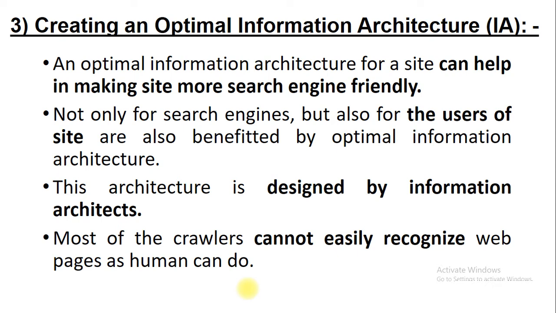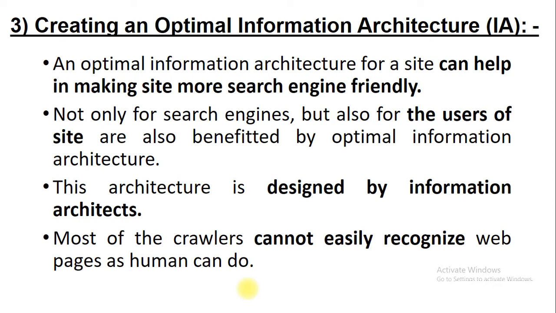Information architecture is the full form of IA. So IA stands for information architecture. Now see, what is the requirement to create the information architecture of your website? When you create an information architecture for a particular website, it will be beneficial not only for the site, because with its help the site becomes search engine friendly, right?